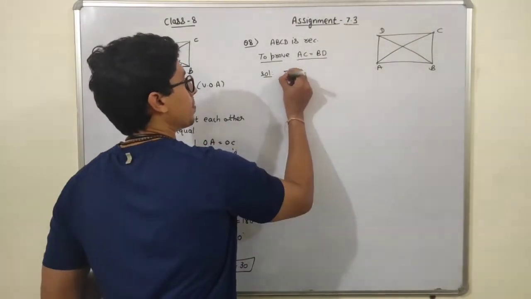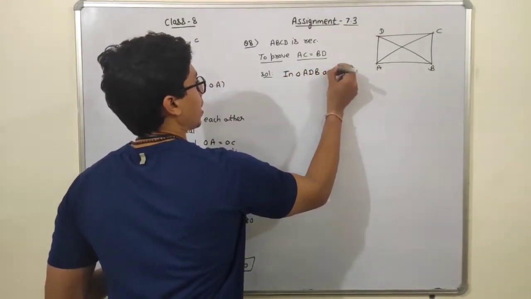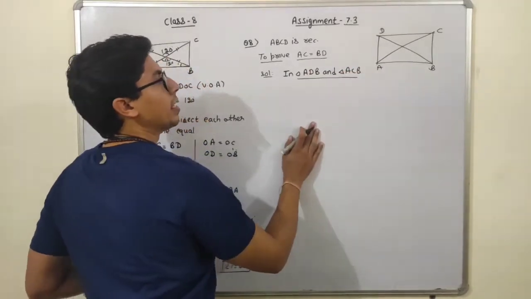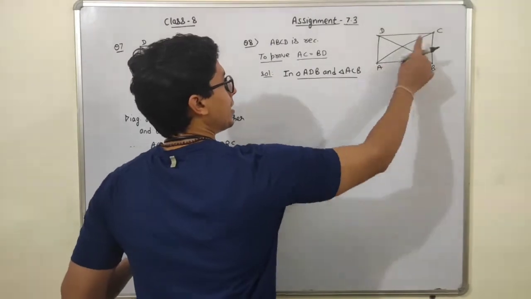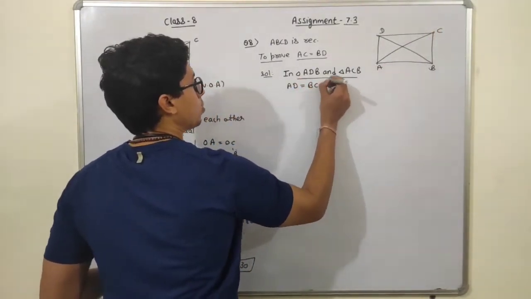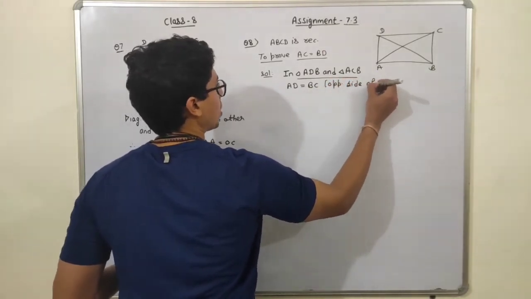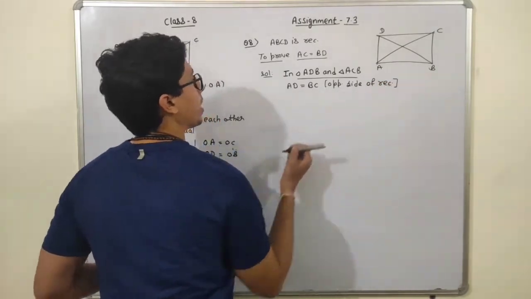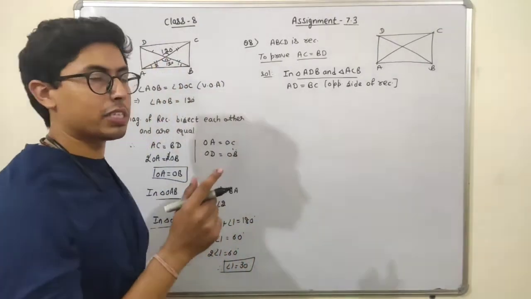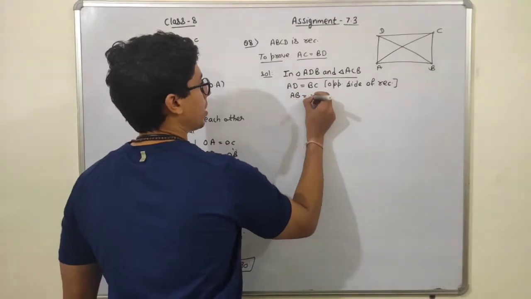In triangle ADB and triangle ACB, AD is equal to BC, the opposite sides of a rectangle, because opposite sides of a rectangle are equal. AB is common in both the triangles, so AB is equal to AB.